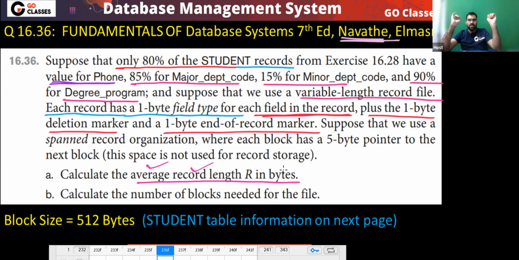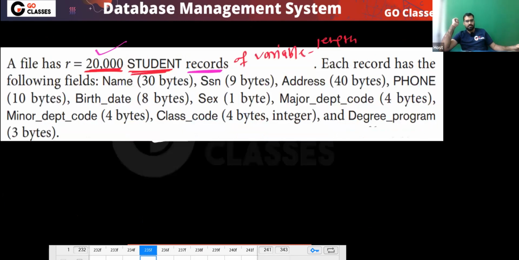Okay. So anyone want to give me the answer for this question? Anyone? Write the data in your notebook. Nikhil is saying 107 byte.